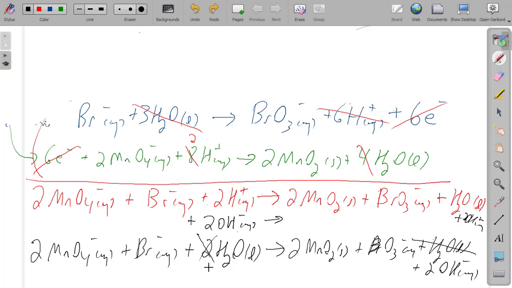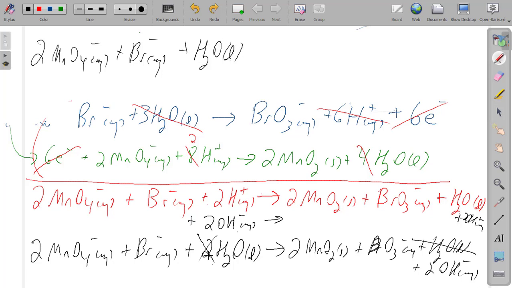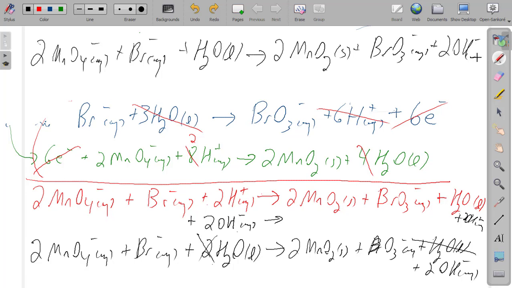All right. So now my final equation: 2 MnO4 minus aqueous plus bromide aqueous plus H2O liquid, because again, there's still 1 left because there was only 1 over here but 2 here, and they canceled 1 away, so that leaves 1 here, yields 2 MnO2 solid plus BrO3 minus aqueous plus 2 hydroxide aqueous.